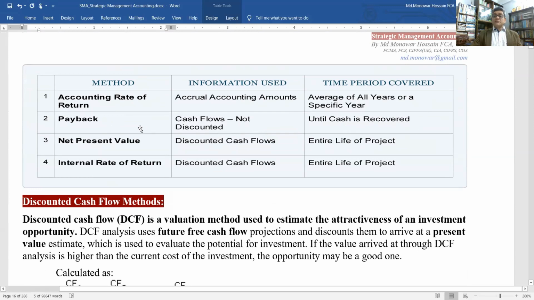That means it does not consider the whole series of cash inflows. Net present value: discounted cash flow over the entire life of the project. That means NPV considers the time value of money as well as the full cash flow within the period. Internal rate of return is the same as NPV.